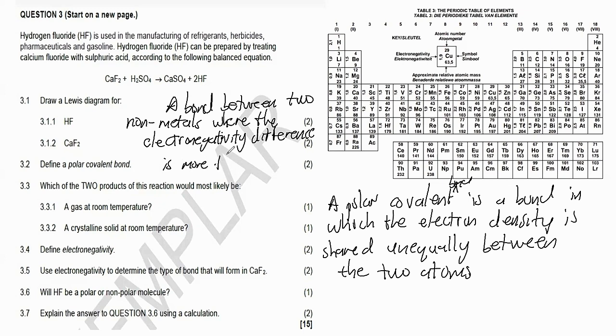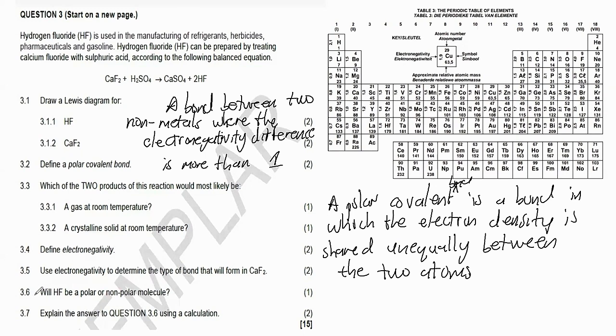So this is what I used to actually prove that last question on the previous video that I made. So you can also say a polar covalent bond is a bond between 2 nonmetals where the electronegativity difference is more than 1. So if the electronegativity difference is more than 1, we say that we have what we call a polar covalent bond, right?